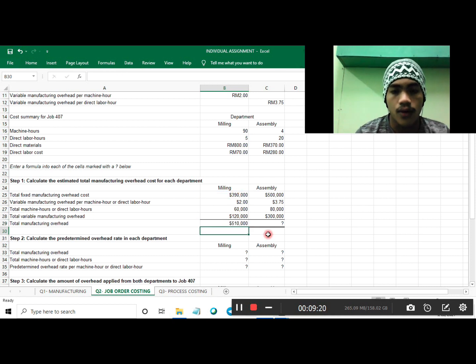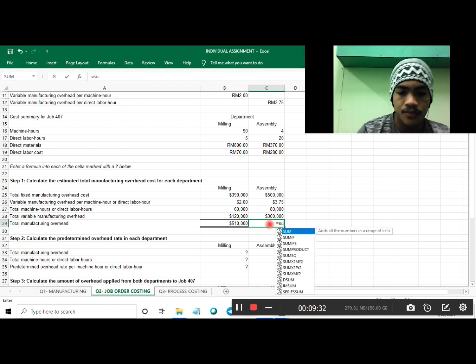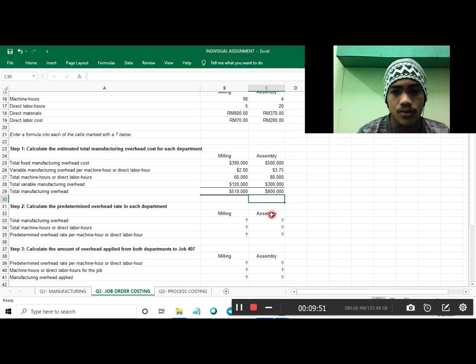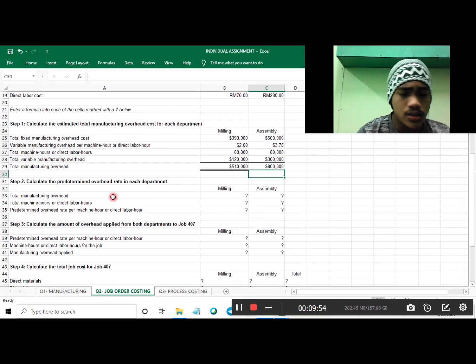We get 510,000. For assembly, using the formula, sum 500,000 for fixed manufacturing plus 300,000 for variable manufacturing. So we get 800,000. And then step 2.